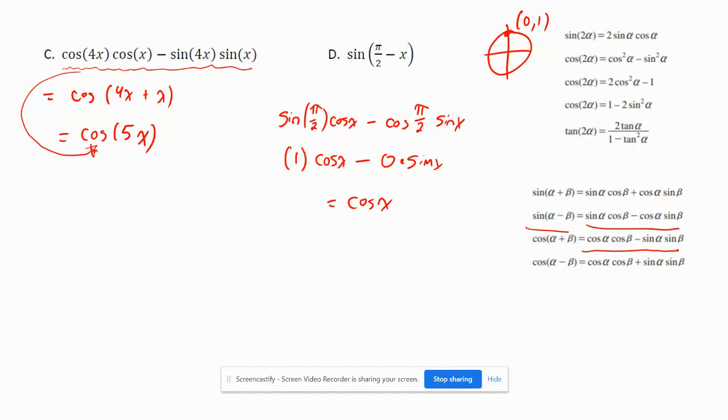Okay, so in this case, sine of pi over 2 minus x is the same thing as cosine of x. Again, this is one of those that pops up more in Math 31. If you have an expression like this, which you will see from time to time, you can make this into a much simpler expression, which is cosine of x, instead of having to write out this guy over here.